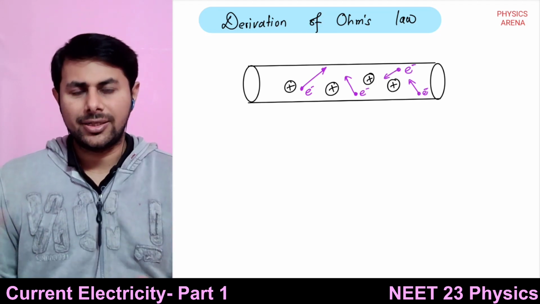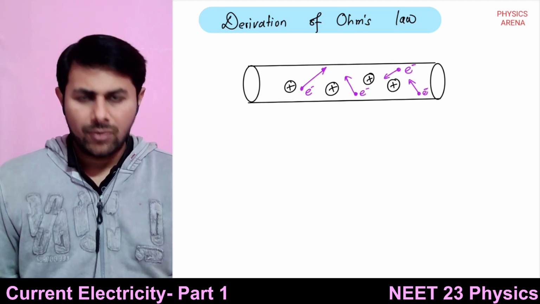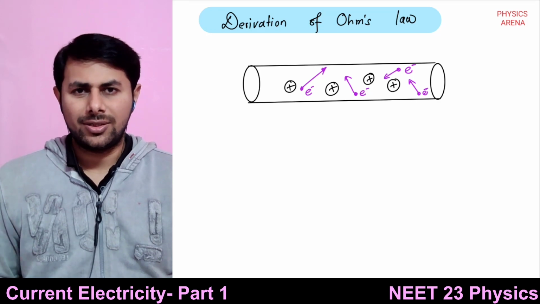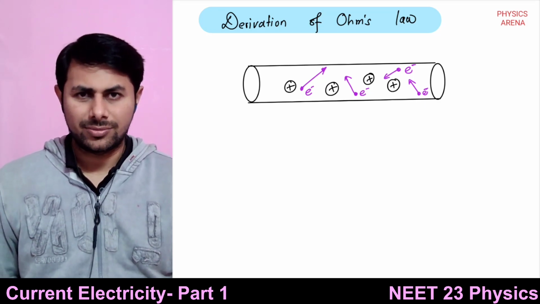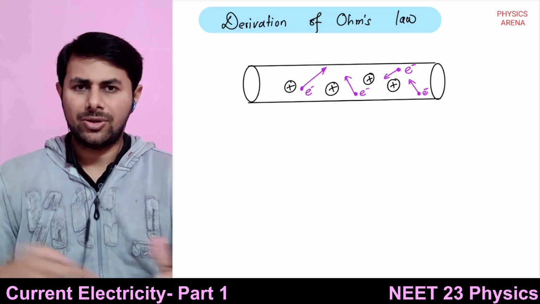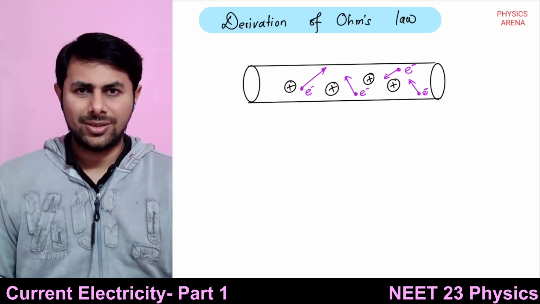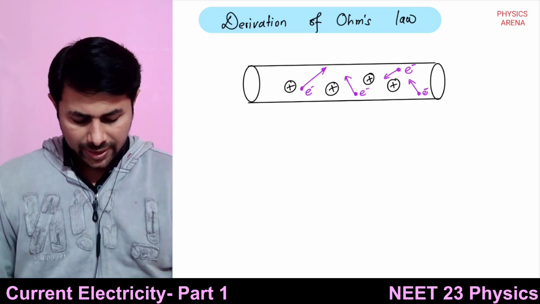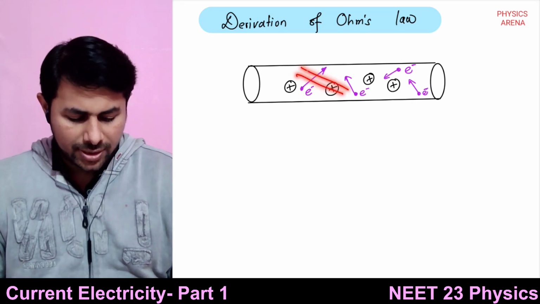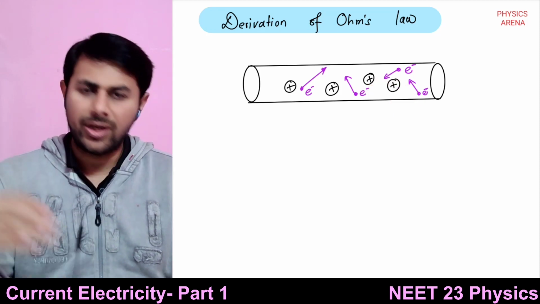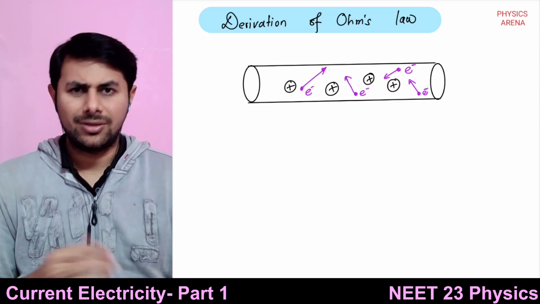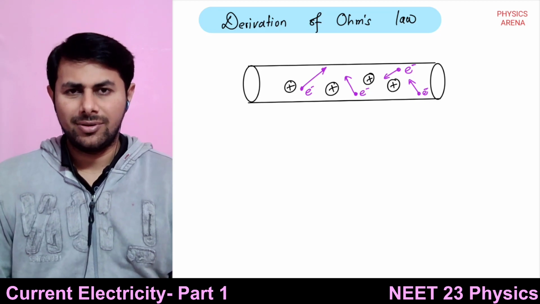In absence of the external electric field, what will be the average velocity of these electrons? It will be zero, right? Because electrons are moving in random directions. So the number of electrons moving in this direction and the number moving in exactly the opposite direction would be the same, right?